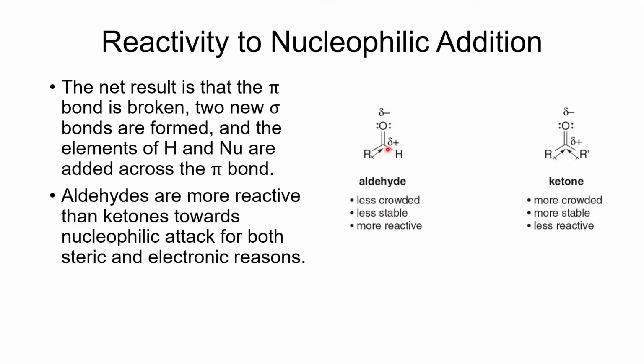So it stabilizes it and makes it less reactive. For aldehydes, we don't get as much stabilization because the hydrogens don't add that electron density. With ketones, we have two groups adding electron density, which helps to stabilize them.